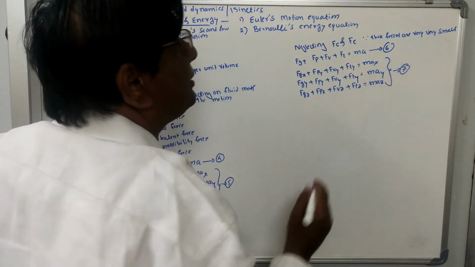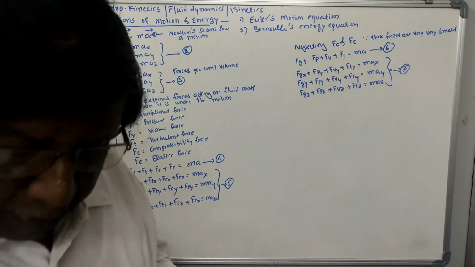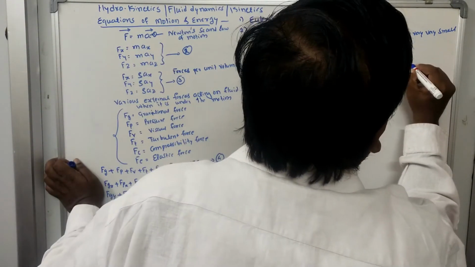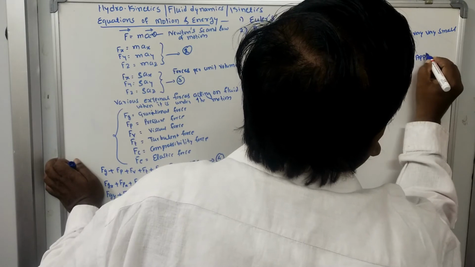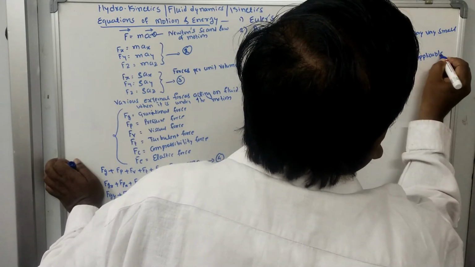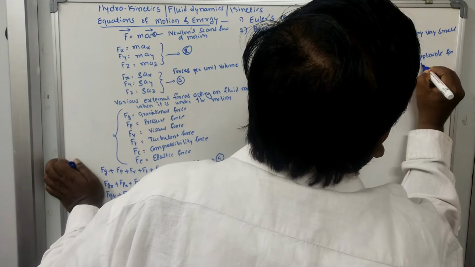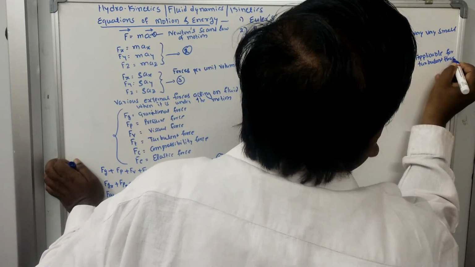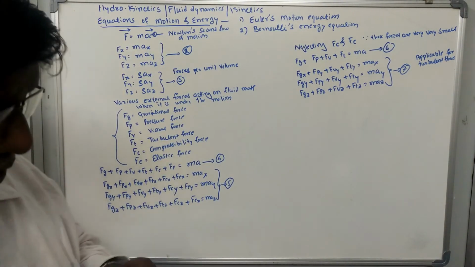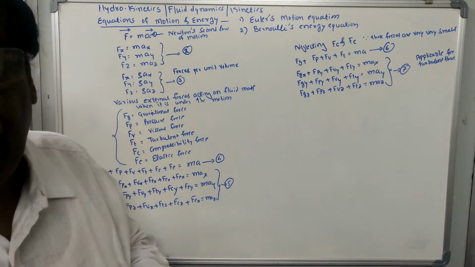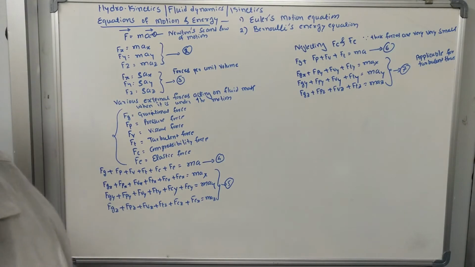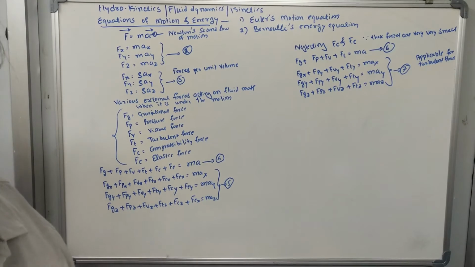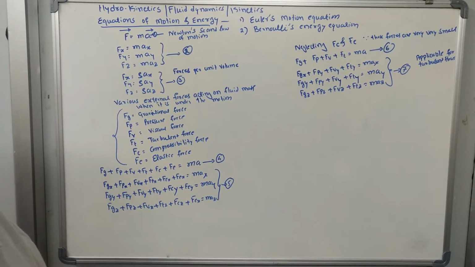This set of equations is called the turbulent equations, and these equations are applicable for turbulent flows, that is, very disturbed flows. For example, you might have observed the flow in a river when there is a flood, or in a natural stream.